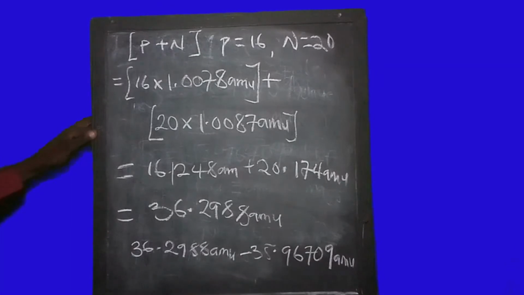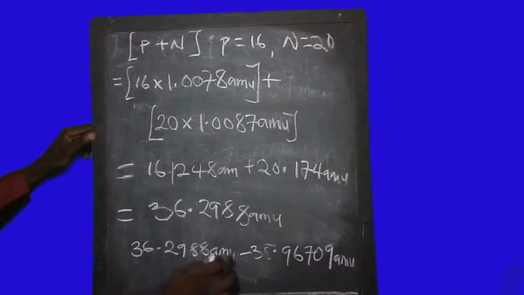This we are given in our question as our constant atomic mass. Mind you, at this point, your calculated mass must be greater than the actual mass given in the question, so that if you subtract you cannot get a negative answer. Whenever you subtract the actual value from the calculated value and you get a negative answer, you must restart your work.